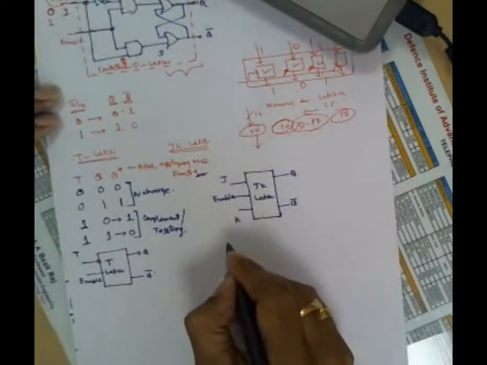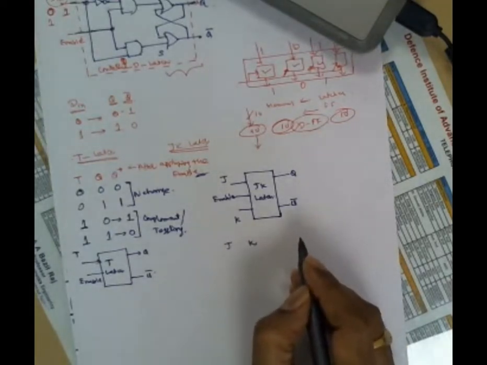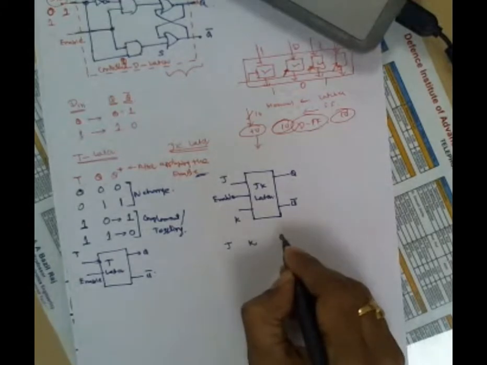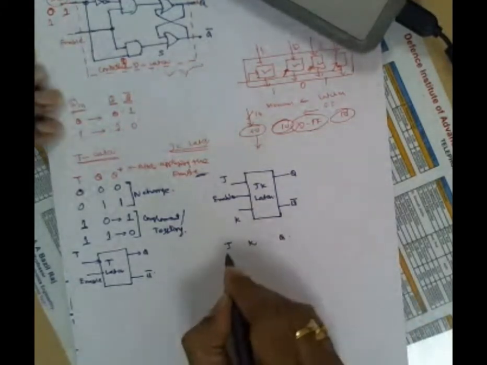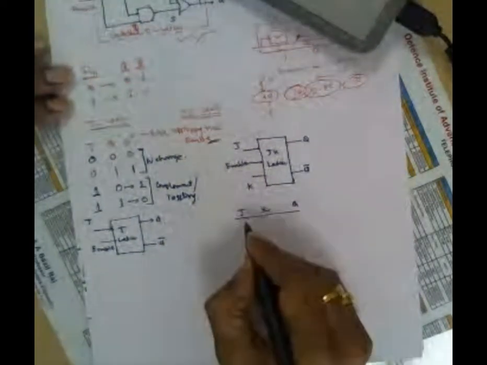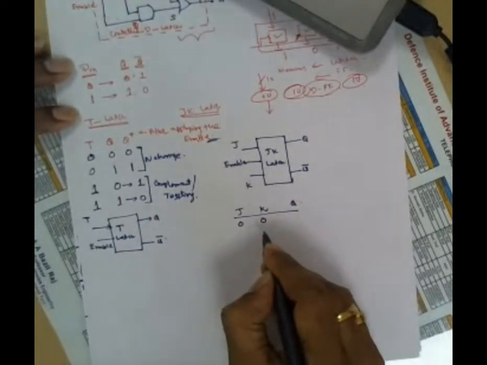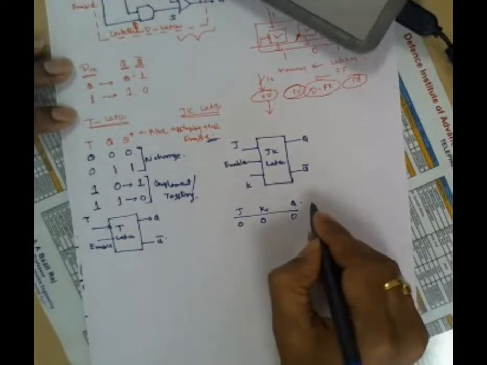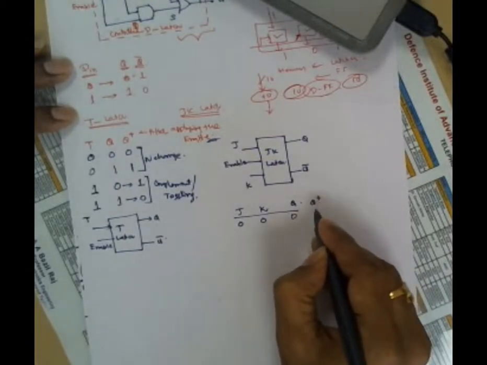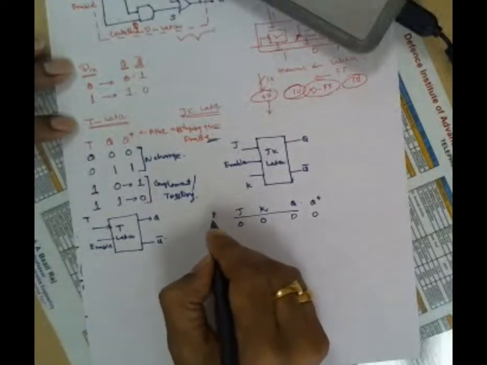In the JK latch, Q plus is its complement now, right? We know in the JK latch, if it is 0, 0, then the Q plus will be 0 after applying the enable. We take enable here.